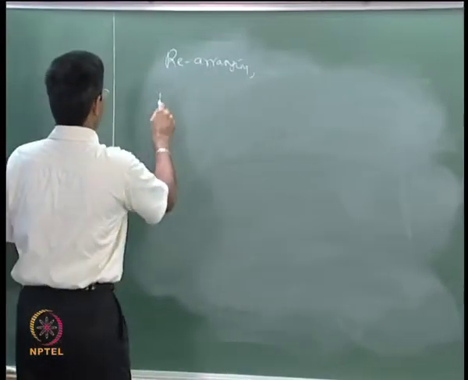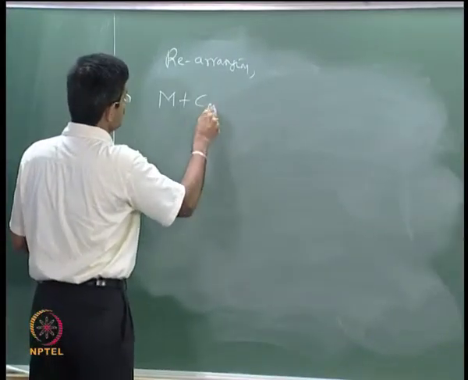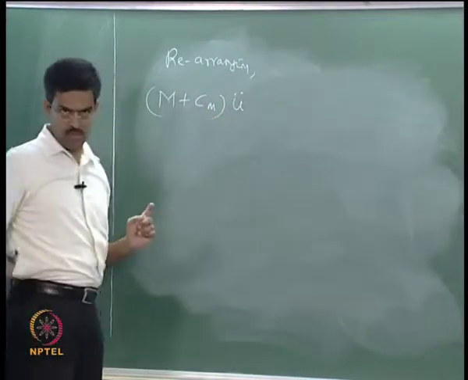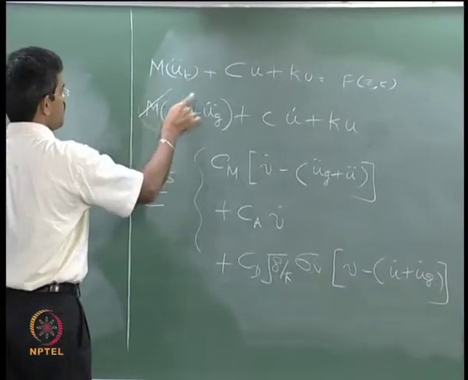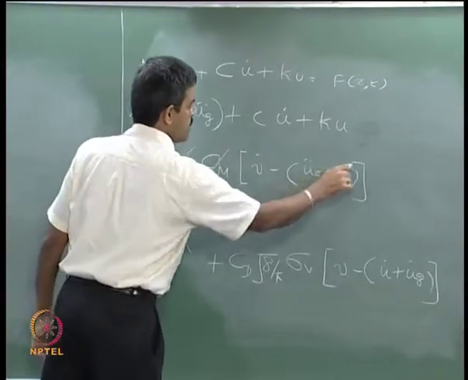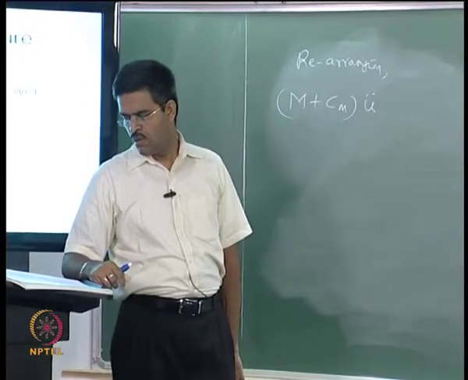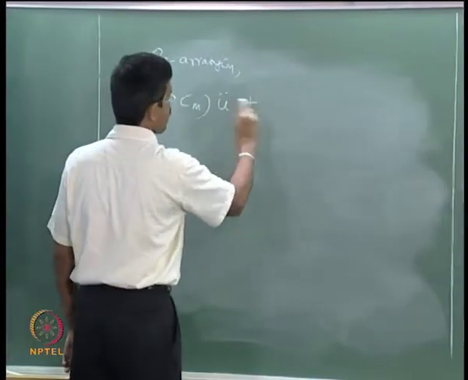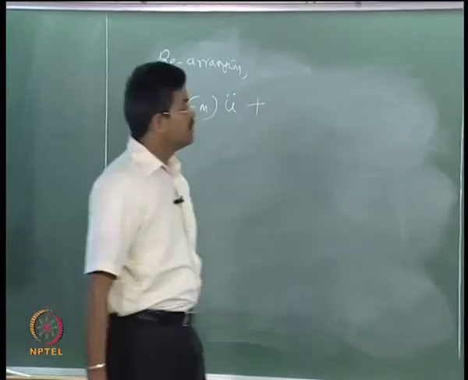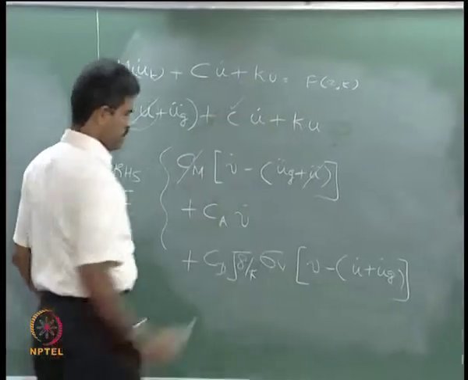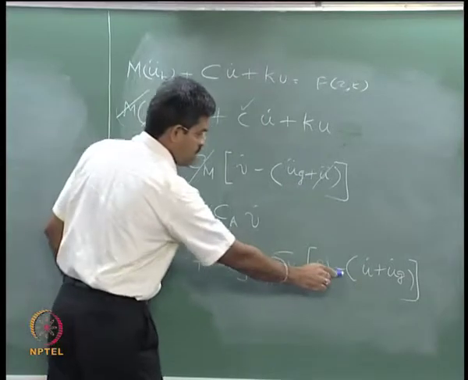I write here M plus Cm of u double dot. Let us keep on checking, this term goes away, this term goes away, plus there is a u dot term with CD here, which is negative on the RHS.